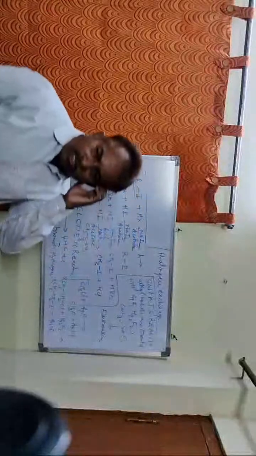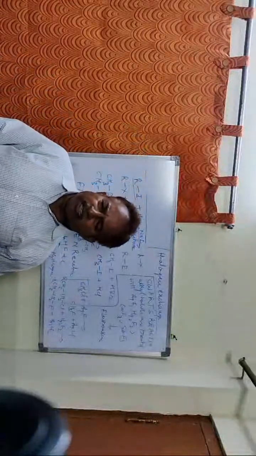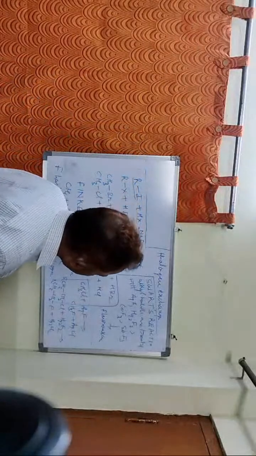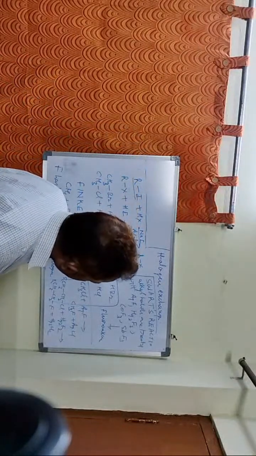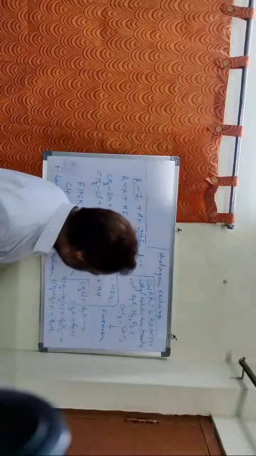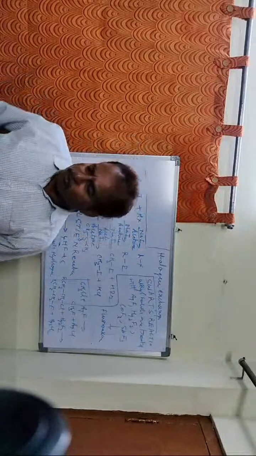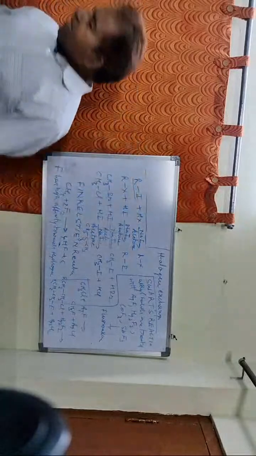So this is a Swarts reaction. In the Swarts reaction, haloalkanes are treated with fluorine compounds like silver fluoride, mercurous fluoride, cobalt fluoride, antimony fluoride, etc. Then we get fluoroalkanes, and of course the respective byproduct is formed. So these are the reactions in which haloalkanes are obtained by halogen replacement.